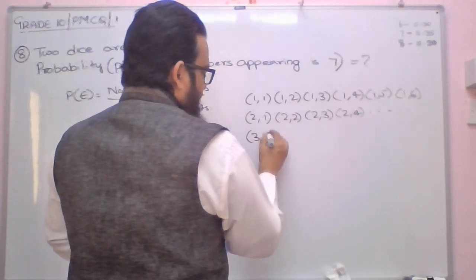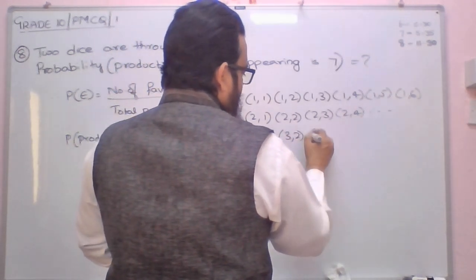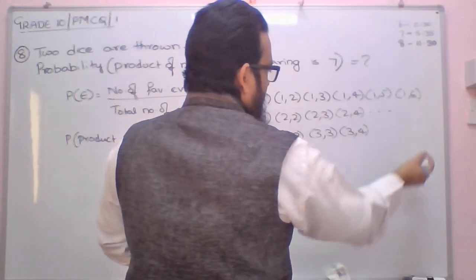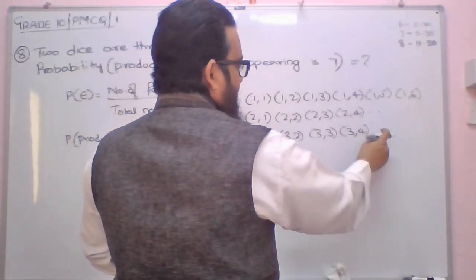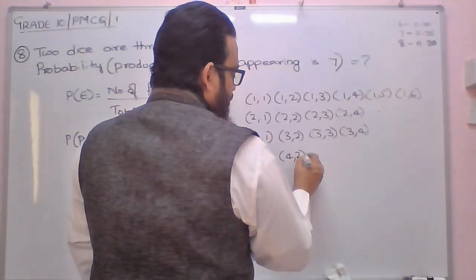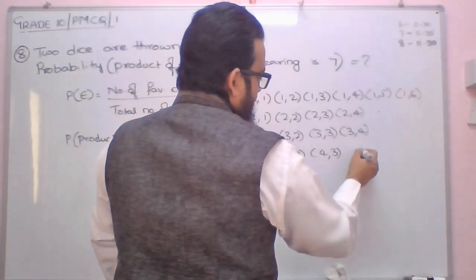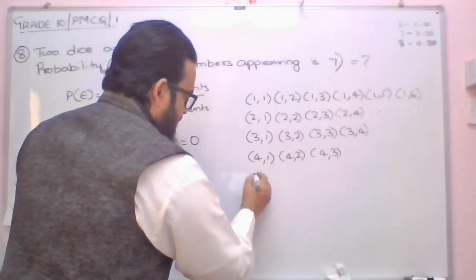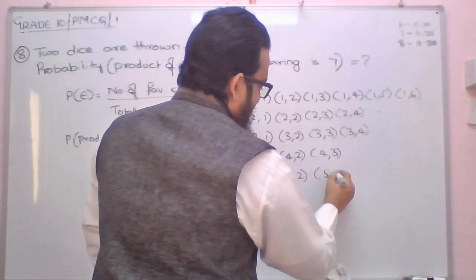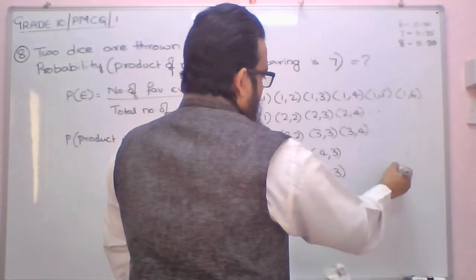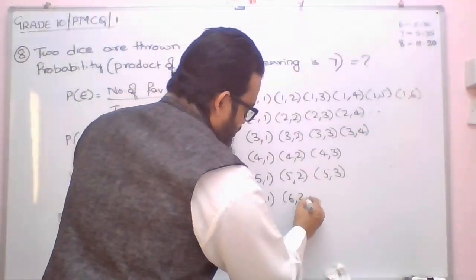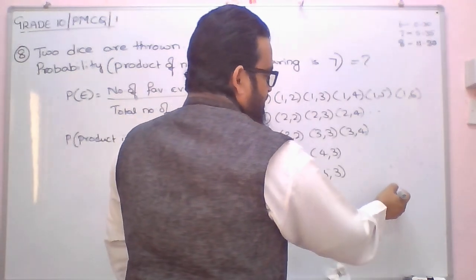In the same way, 3, 1; 3, 2; 3, 3; 3, 4; 3, 5 and 3, 6. Then 4, 1 to 4, 6; 5, 1 to 5, 6; and 6, 1 to 6, 6.